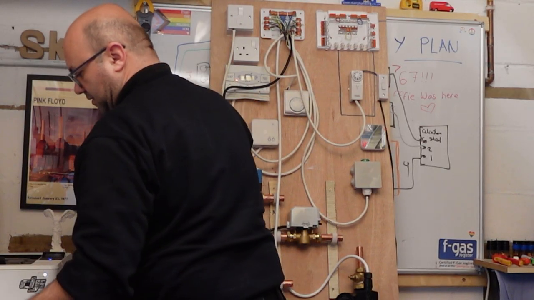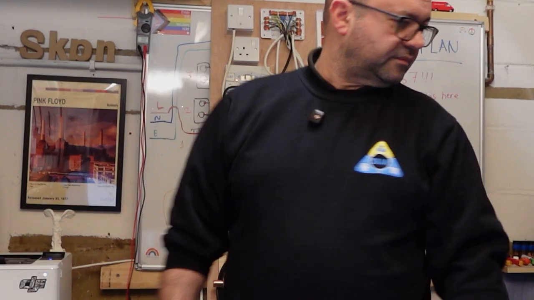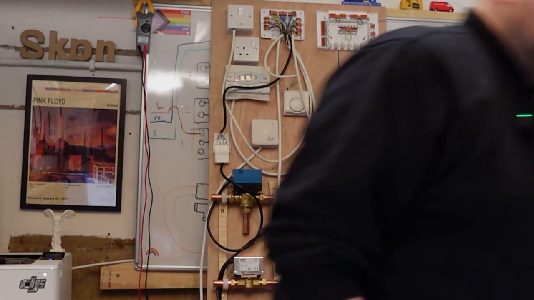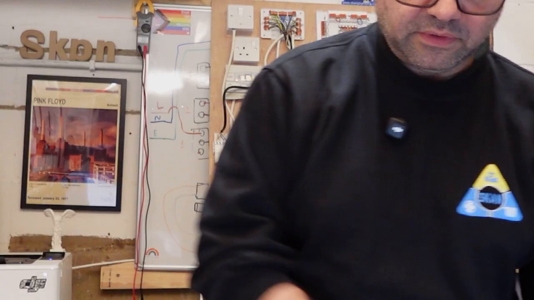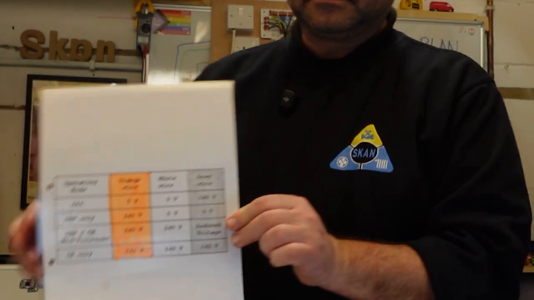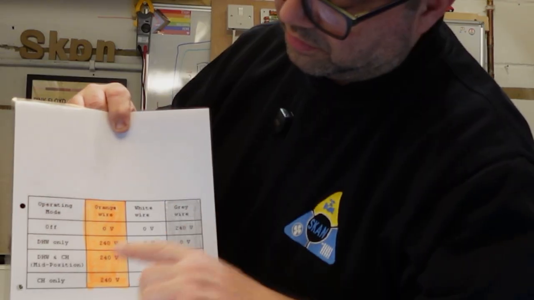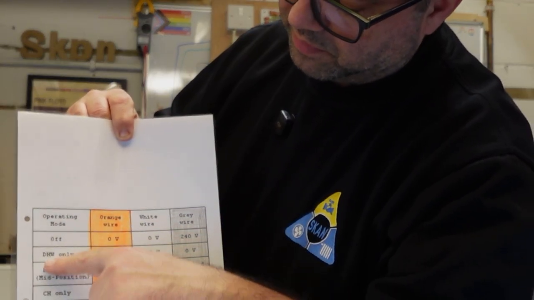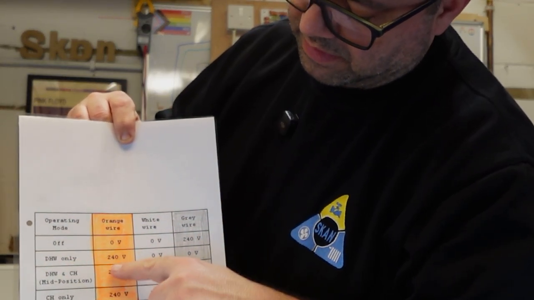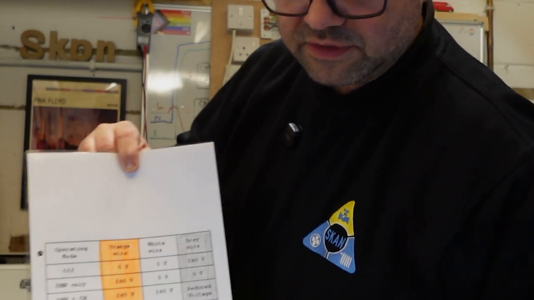And we have a little layout diagram here. And we will start to search for what's happened. So heating only, hot water only on. We go here, domestic hot water only. We expect to see power only on the orange cable. Let's do it.